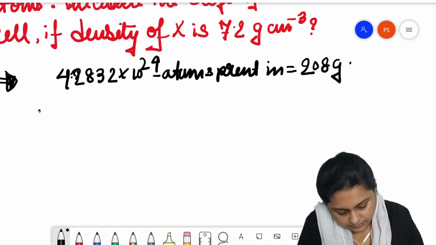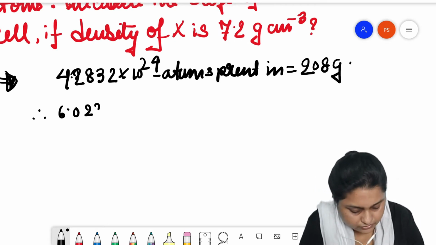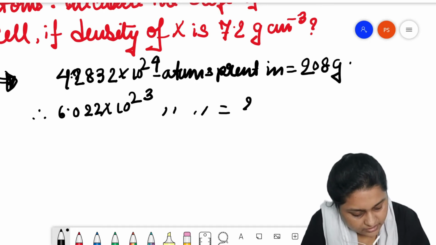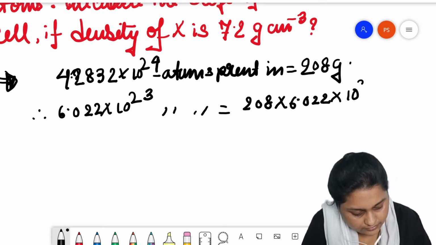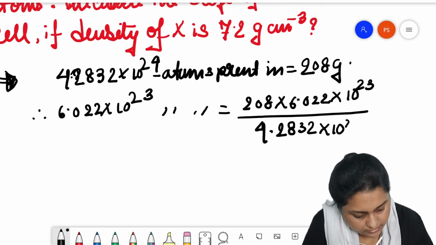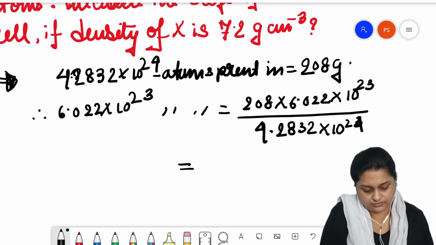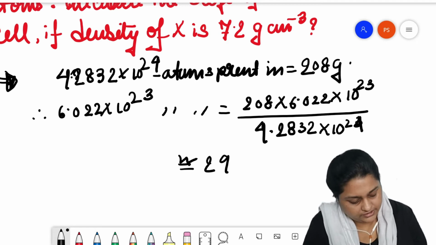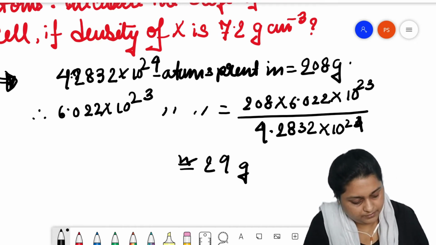Therefore, Avogadro number, that is 6.022 into 10 to the power 23 atoms, will be present in 208 into 6.022 into 10 to the power 23 divided by 4.2832 into 10 to the power 24. This will give the atomic mass value to be almost equal to 29 gram per mole.